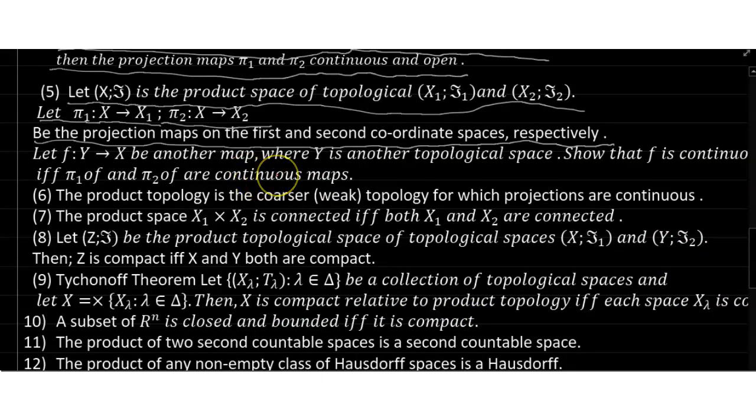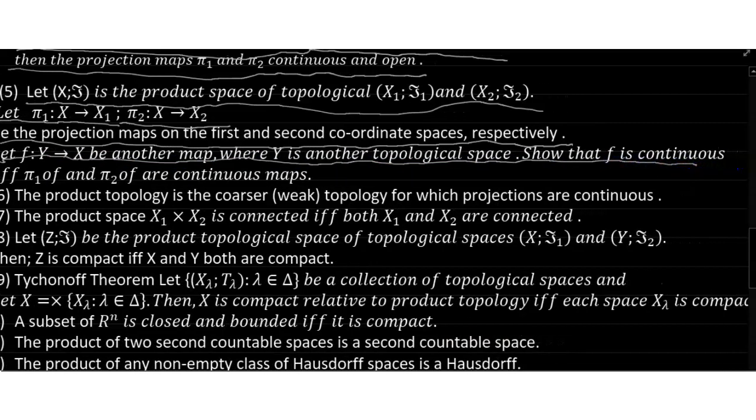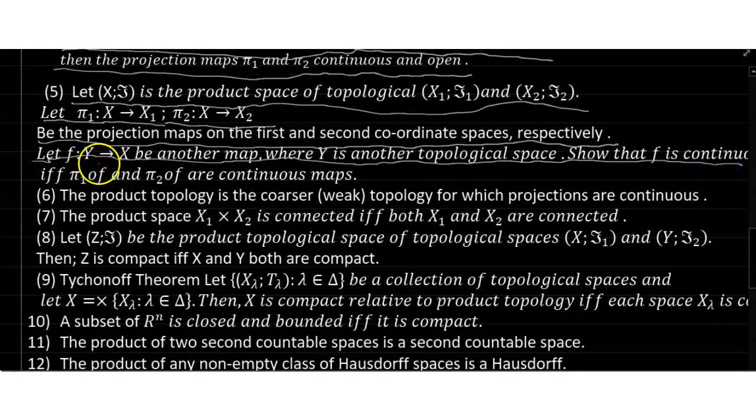Let f from Y to X be another map, where Y is another topological space. Show that f is continuous if and only if pi 1 composed with f and pi 2 composed with f are continuous maps.